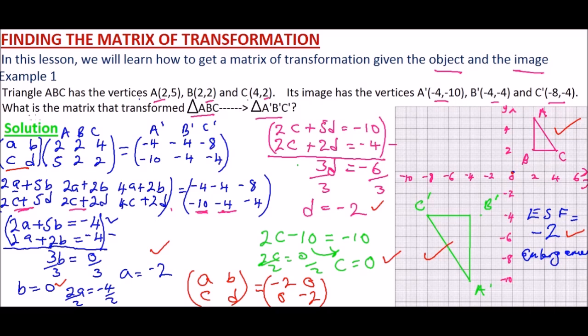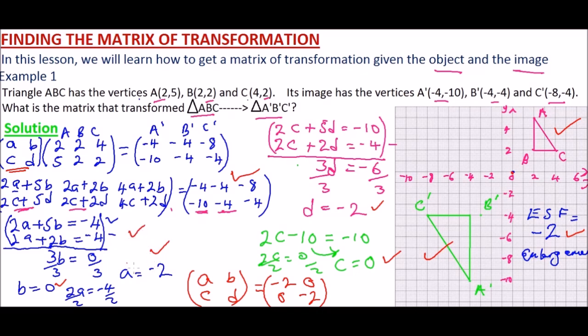So remember, you need to give your matrix letters. You can give any letter so long as you are able to follow. You can use a, b, c, d, or m, n, r, s, anything that you like. Then once you pre-multiply and you equate the two matrices which you form from the object and the image, you'll be able to form equations which you solve simultaneously.